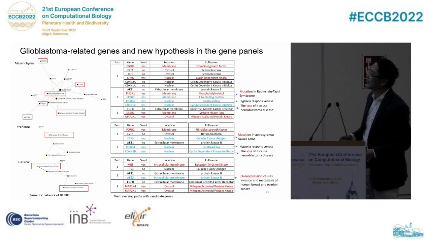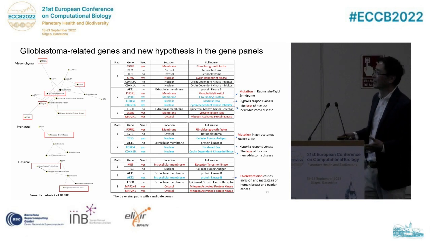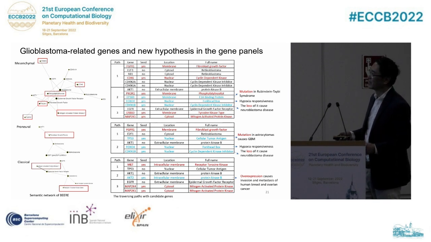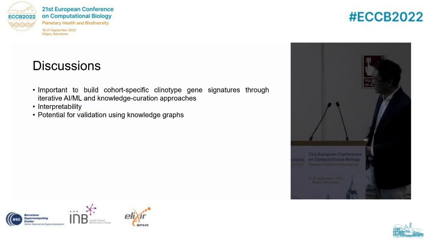Okay, I think I will skip this, and this is a further validation of how we validated that they're biologically relevant for the survival signatures. But let me just go through here.